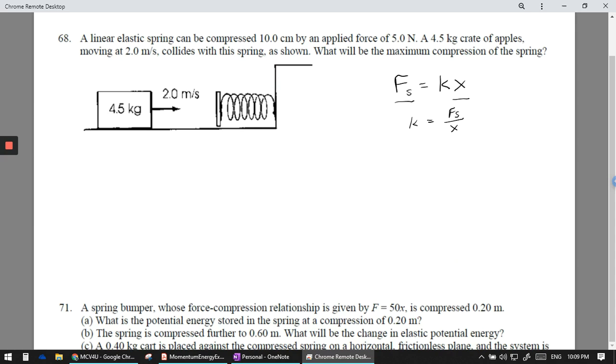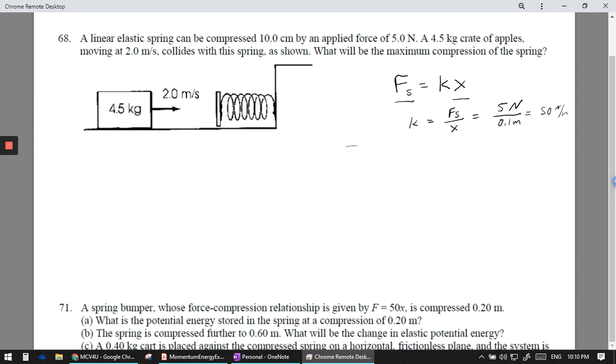So what did we have? The force was 5 newtons, and the distance of compression was 10 centimeters, which is a tenth of a meter, 0.1 meter, and it looks like we're getting 50 newtons per meter. And that's going to be our k value.